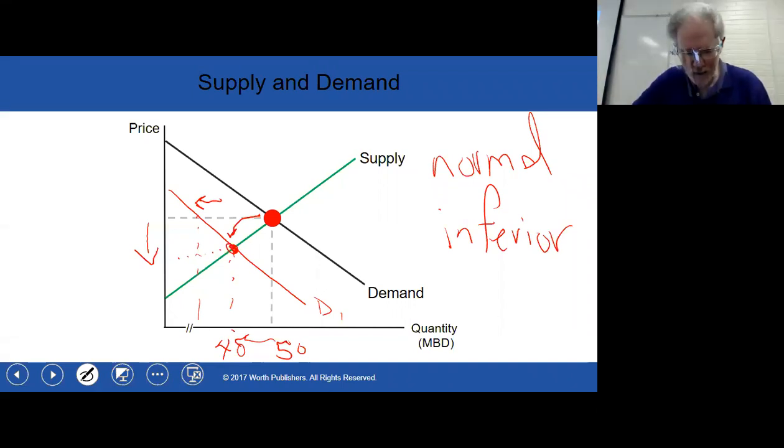After this change, quantity demand is now 40, quantity supplied is now 40. Okay? So producers did change their behavior. Okay? Producers were affected. Okay? So is there a change in supply here? No. Well, why did producers cut back on the quantities they supplied?